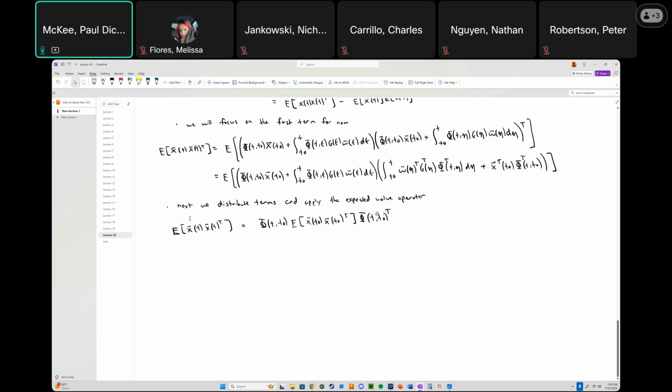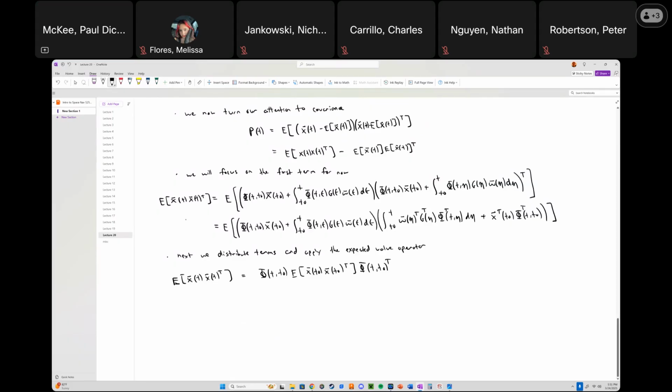First, okay, then we're going to have the two middle terms, right? Like kind of the two AB terms. So we'll have phi t naught to t of the integral from t naught to t, and then the expected value operator. So we're skipping some stuff, right? Expected value operator only applies to the state and the noise, so we can skip all the other things. And when we multiply in x of t naught, so we're basically looking at phi times x multiplied by the integral with all the transposes, the eta integral.